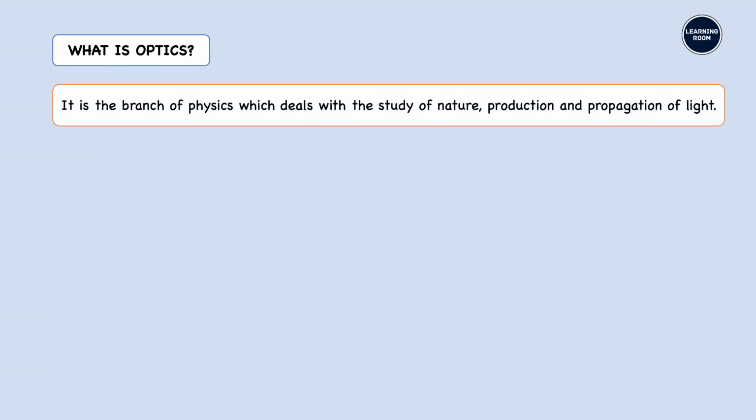So optics can be defined as a branch of physics which mainly deals with the study of nature, production, and propagation of light. I repeat, it is a branch of physics which deals with the study of nature, production, and propagation of light.